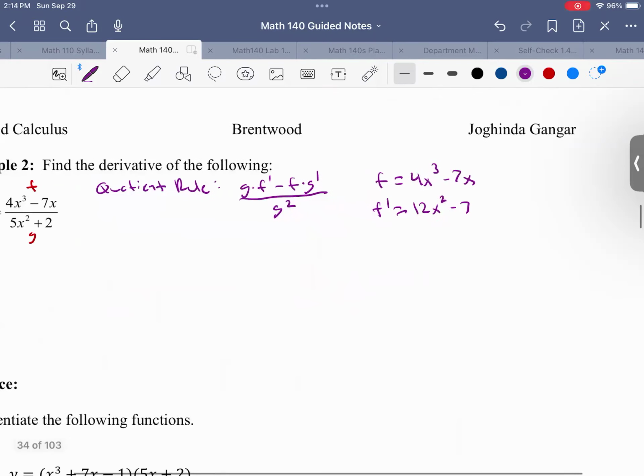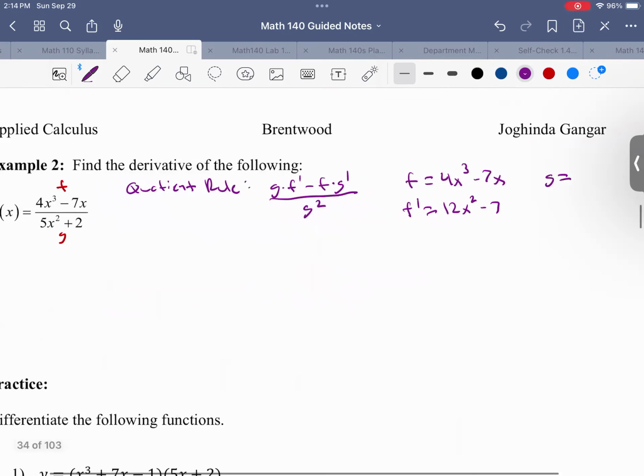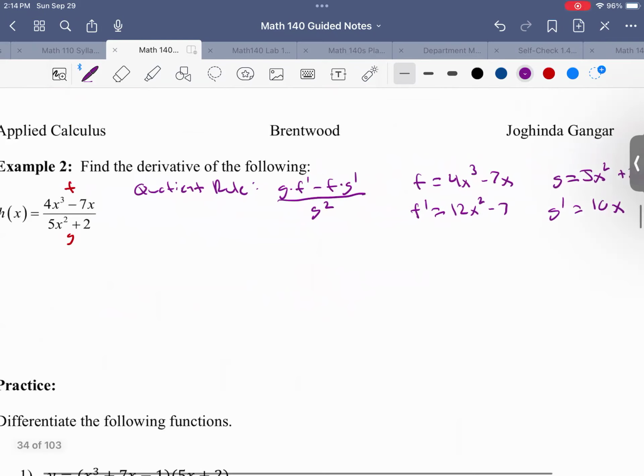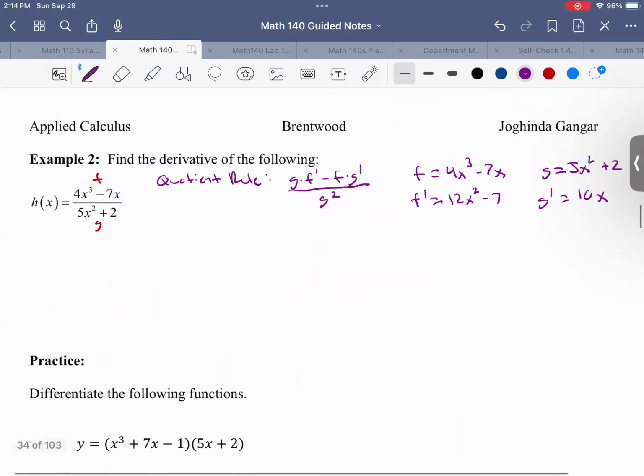Okay, and then my g is 5x squared plus 2. I've got to take a derivative of this. This would be 10x.